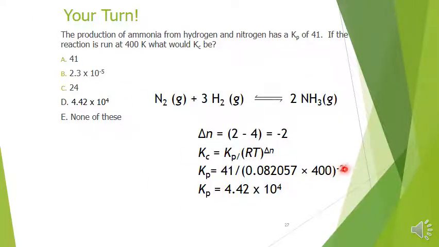Then we just do the math. Sorry, this should be a Kc right here, and a Kc. All right, so Kc equals 41 divided by RT to the minus 2 power, and Kc equals 4.42 times 10 to the 4th.